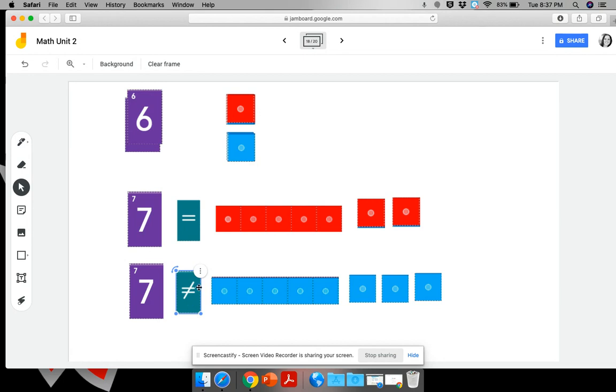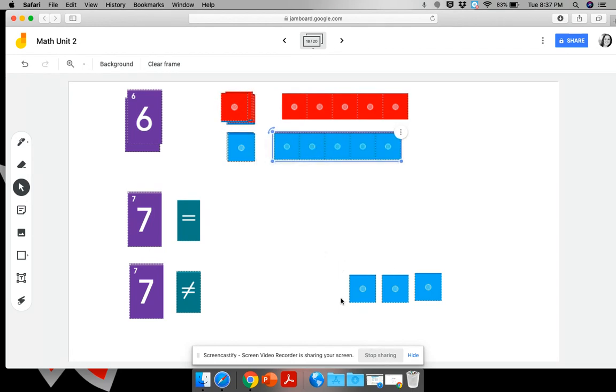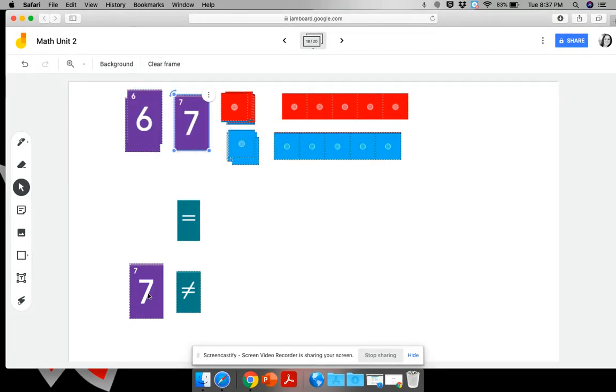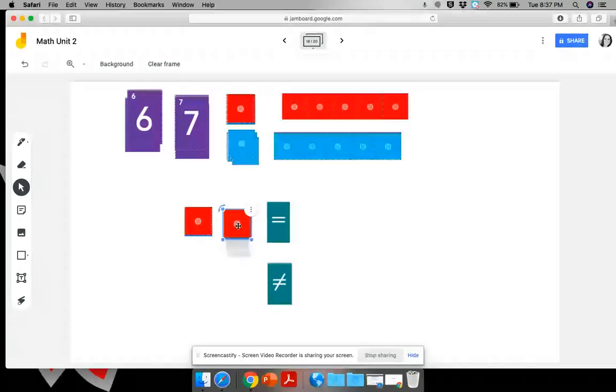Good job, friends. All right, we're going to try one more. I want you, if you have a dry erase, you are going to be using the number 6, but we're not going to use the number 6. This time, we're going to make 2 groups with some squares or some counters. All right, Zoomers, so you are going to take, let's see, I want you to pull down 2 red squares.